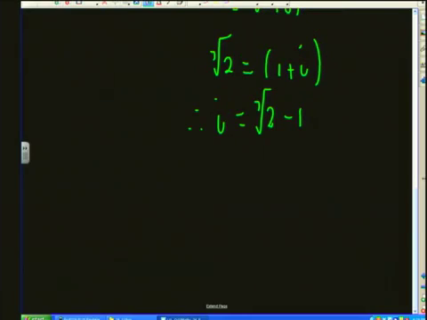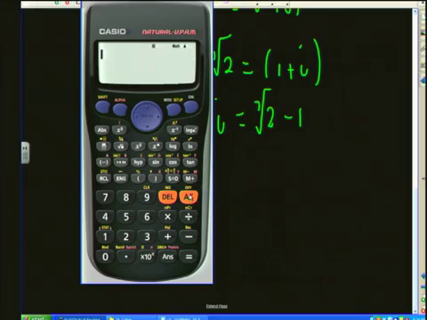Then we simply need to use our calculator to work that out. So on your calculator, shift on that button, it's the 7th root of 2 minus 1. So in decimal form, your interest rate is 0.104.